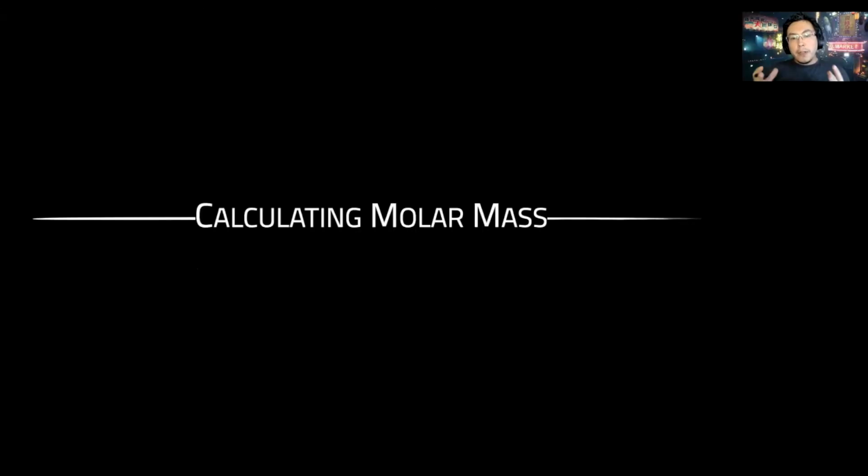So the first thing is to learn or to be sure how to calculate a molar mass. For this we will use the periodic table and our previous knowledge of what we learned back then when we were studying the periodic table, what we call the atomic mass unit, right?